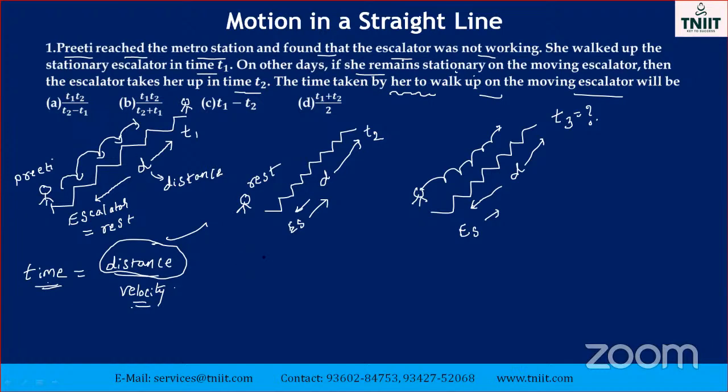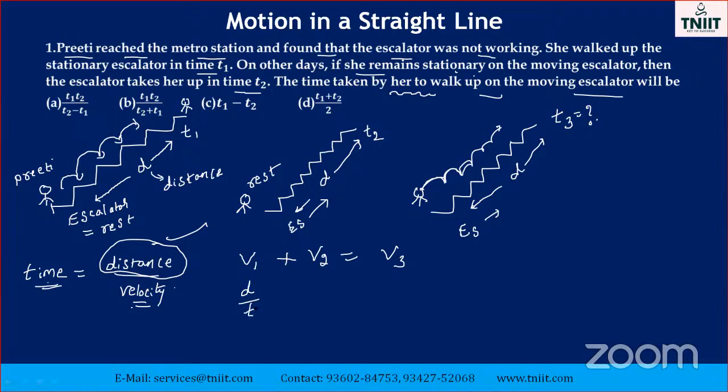The velocity of the first case plus the velocity of the second case should be equal to V3, right? Because here Preeti is also climbing and the escalator is also moving. So V1 plus V2 must be equal to V3.